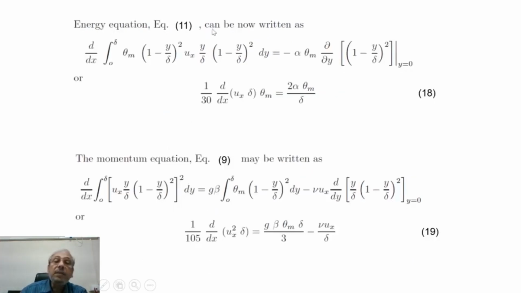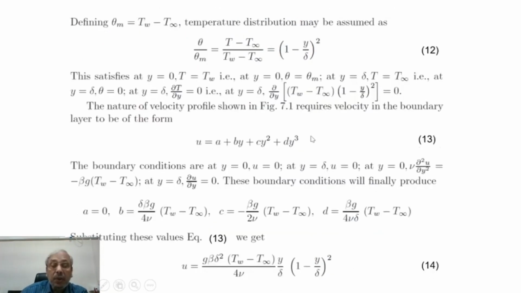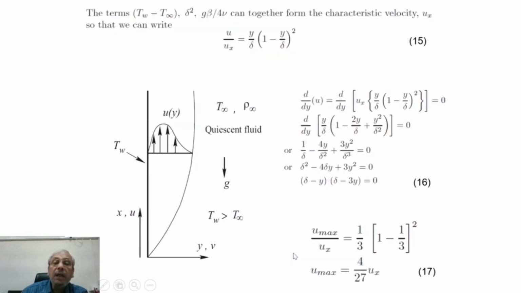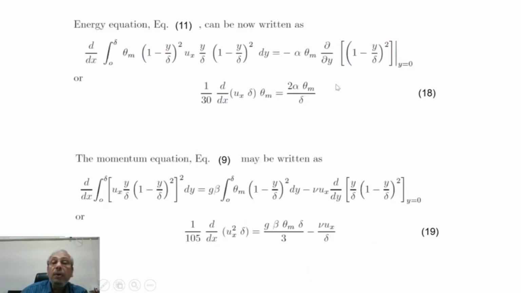Now the energy equation, that is, the energy integral equation. If this is the energy integral equation, now we know u and theta, we substitute u here and theta here, and we get the full form of the equation.